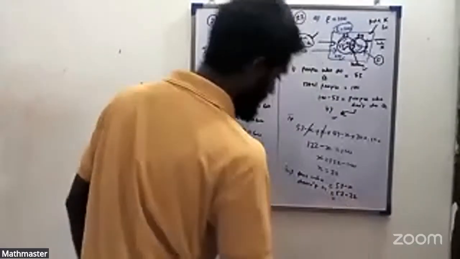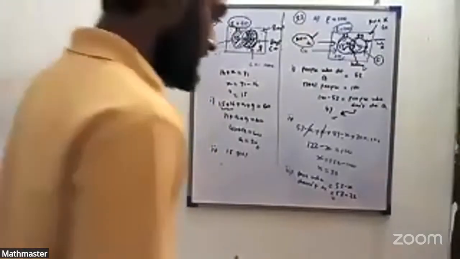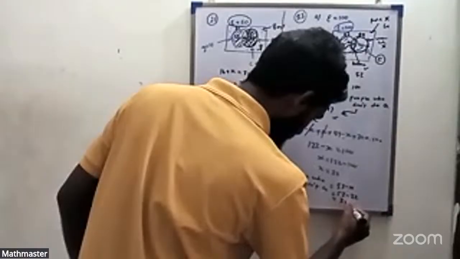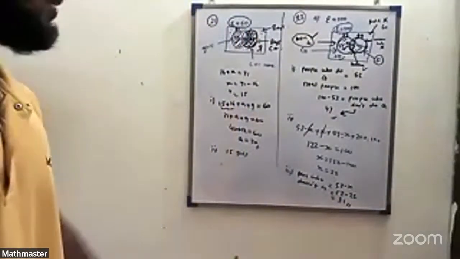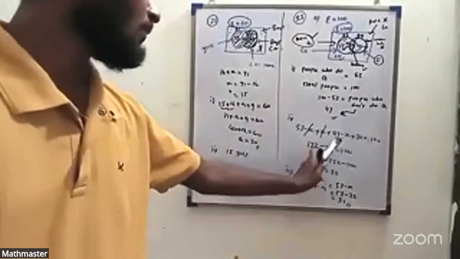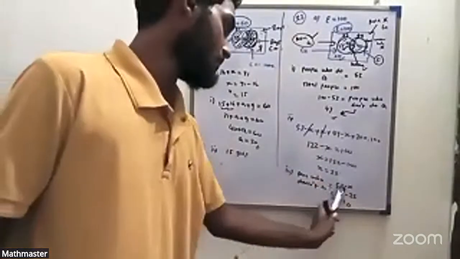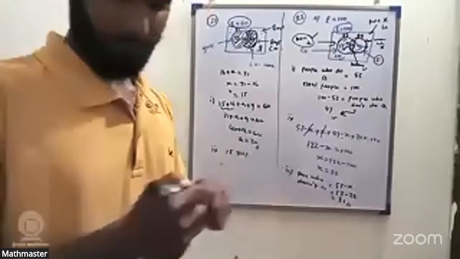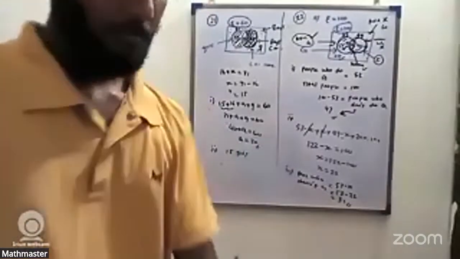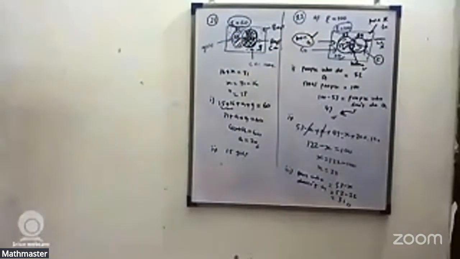Subtract this and see, you get the answer as 31. So the men who don't do government jobs is 53 minus 22. Answer is 31, right? This is the answer. That is for sets, question number 22.